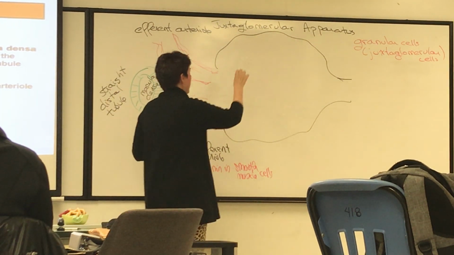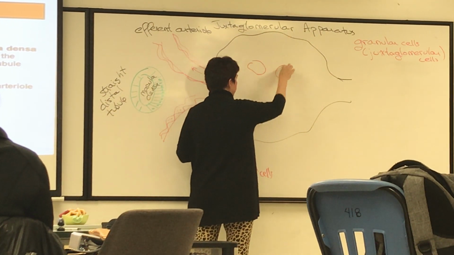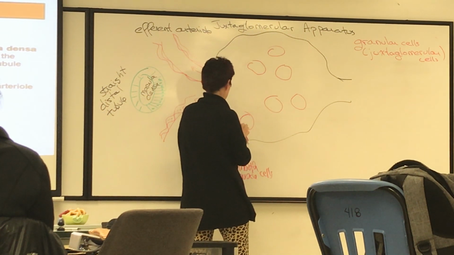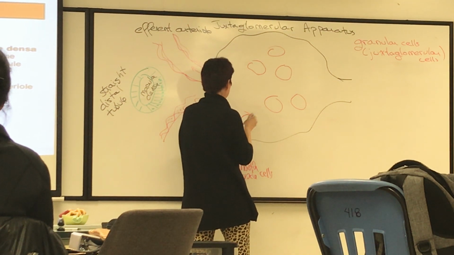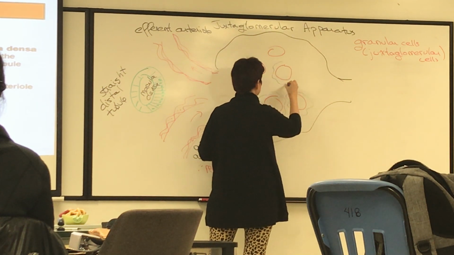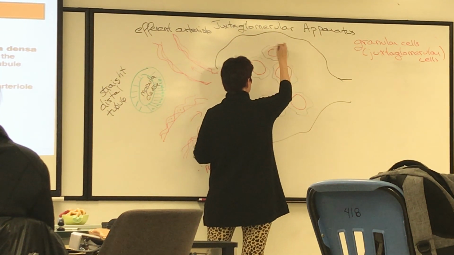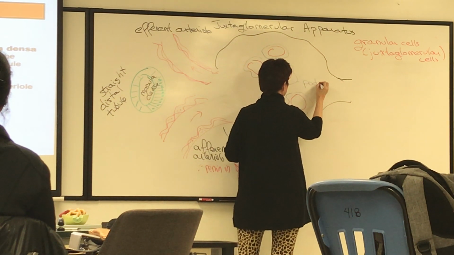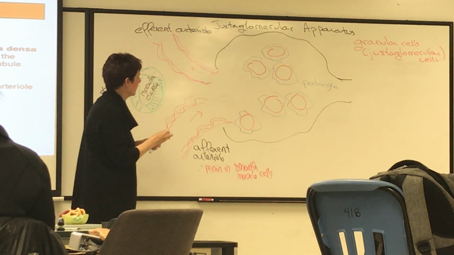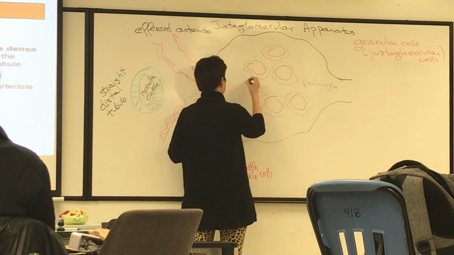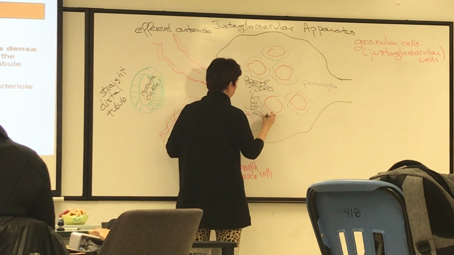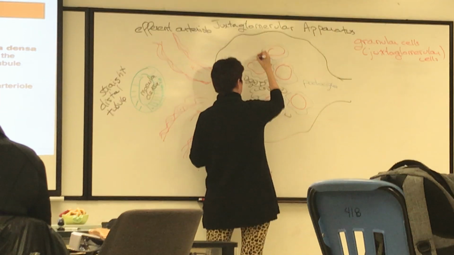All right, then within here, we have our capillaries, surrounded by the podocytes. And for a long time, nobody knew exactly what these cells did. They were recognized, but their importance was not.